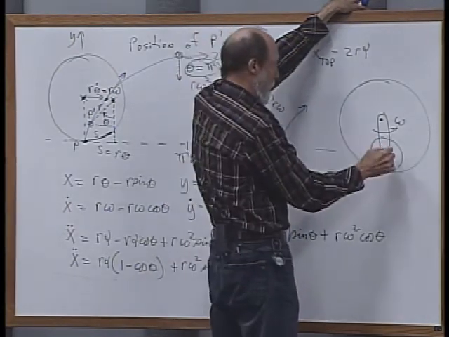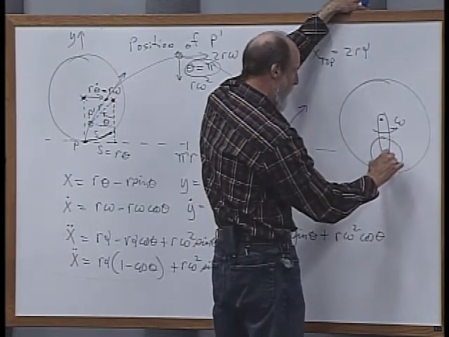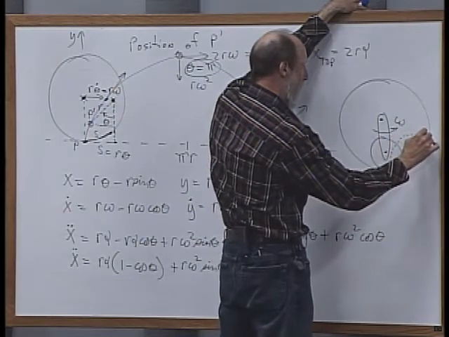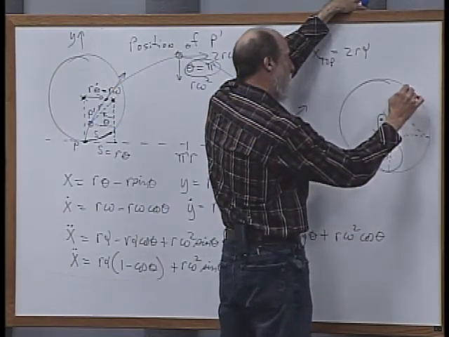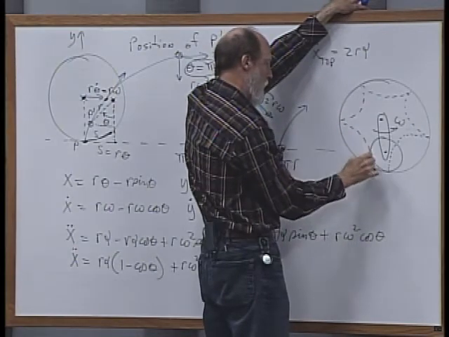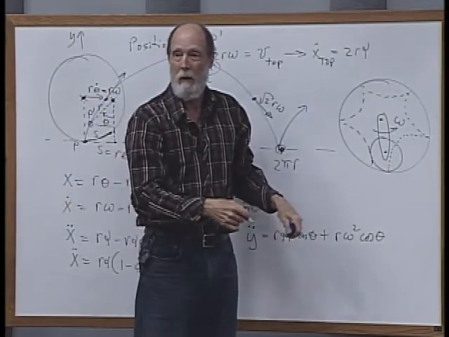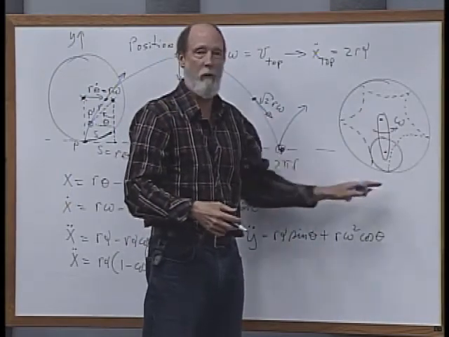So what's going to happen is this thing is going to form a cycloidal path. Something like that. Okay? A cycloidal path inside a circular surface.